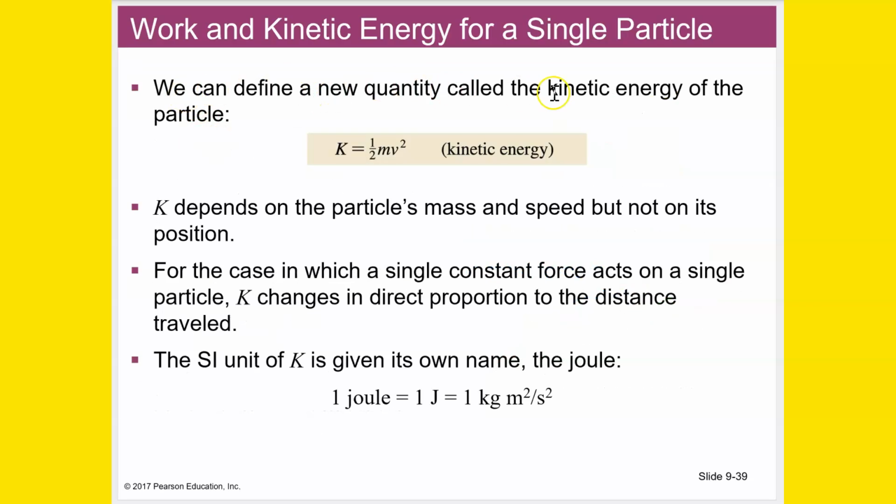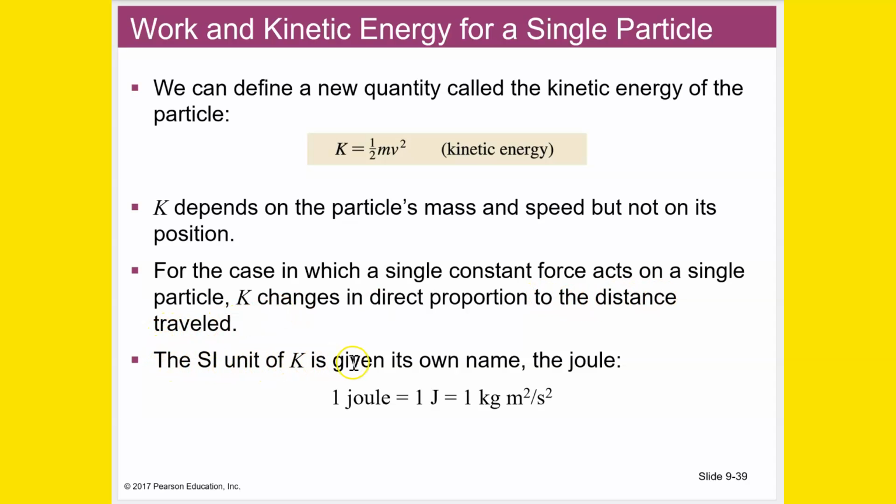We can define a new quantity called the kinetic energy of the particle. K equals 1/2 mv squared. K depends on the particle's mass and speed, but not on its position. For the case in which a single constant force acts on a single particle, K changes in direct proportion to the distance traveled.